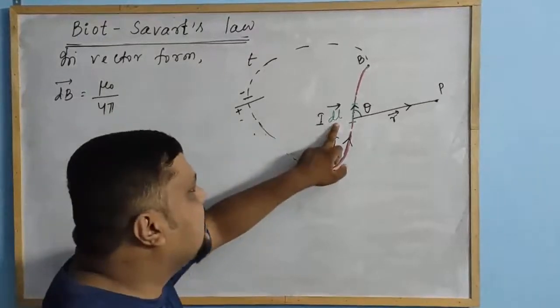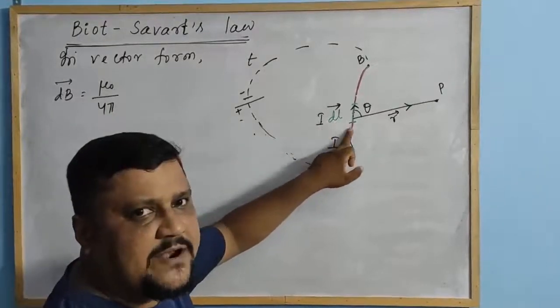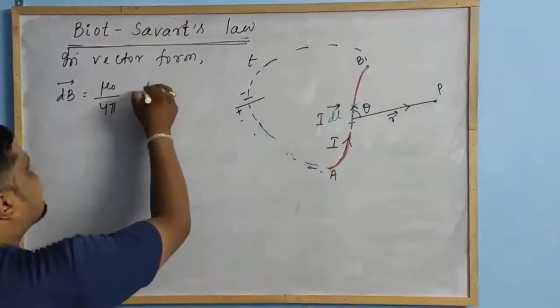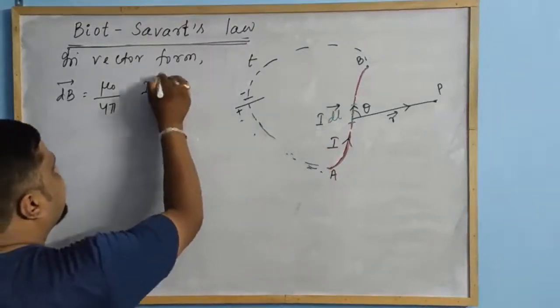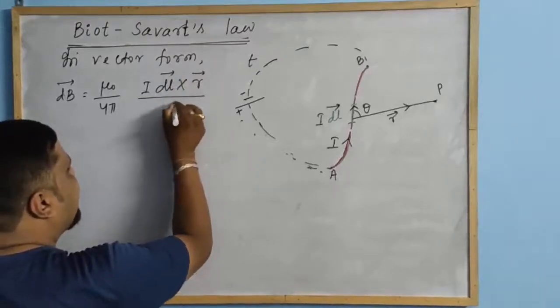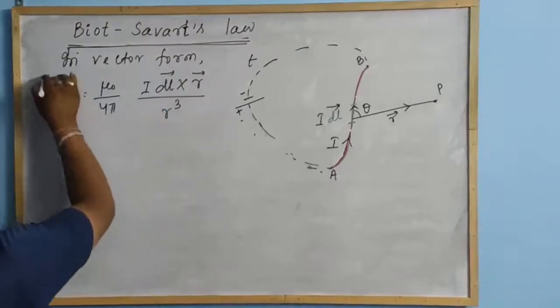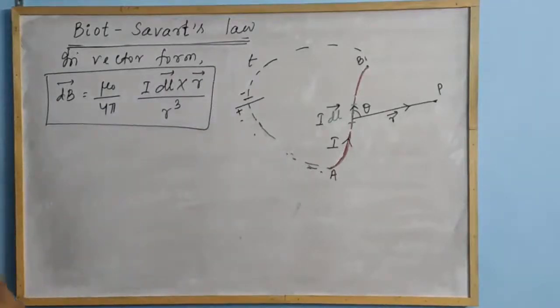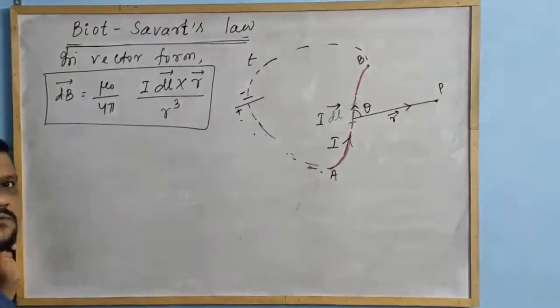I dl, the current element, is a vector. I is not a vector individually, dl is not a vector. So I can write it like this: I dl cross r divided by r cube. Remember, this is r cube. What is this r? r is the position vector.